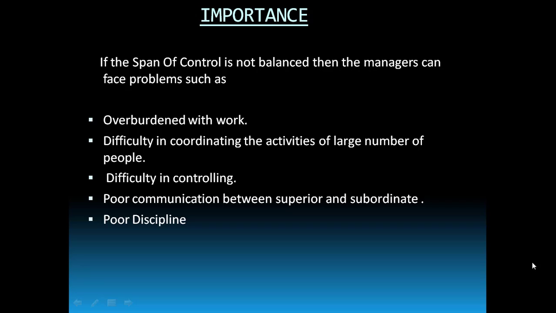And the final one is there will be very poor discipline in the organization if the manager is not able to manage the number of subordinates under him, that is, if the span of control is not balanced. So these are the problems basically the organization and the manager will face if the span of control is not balanced.